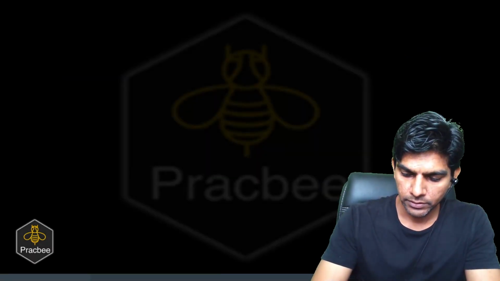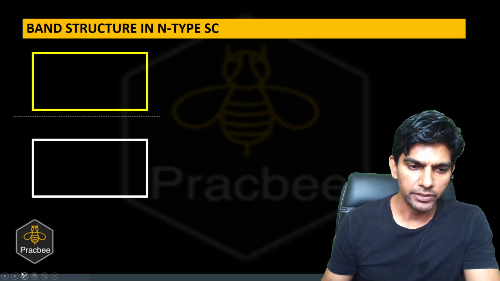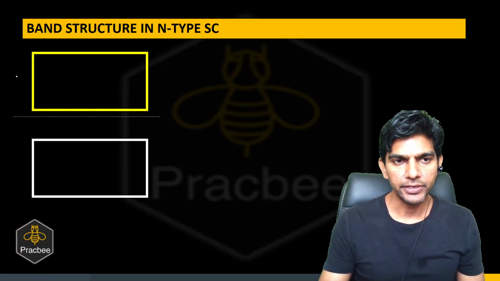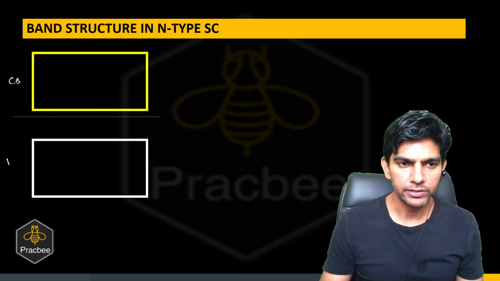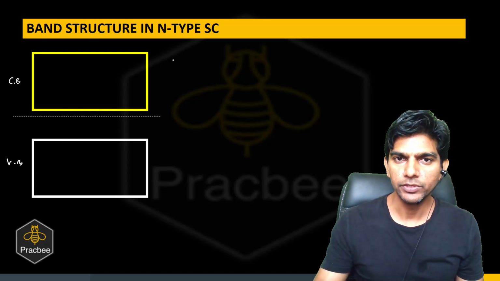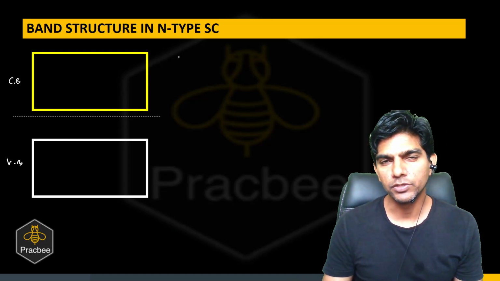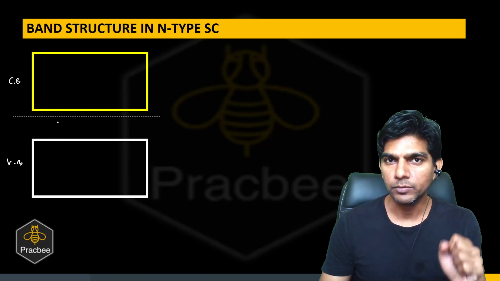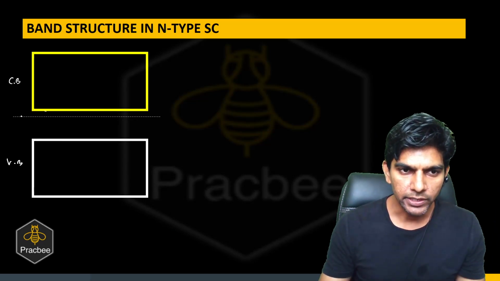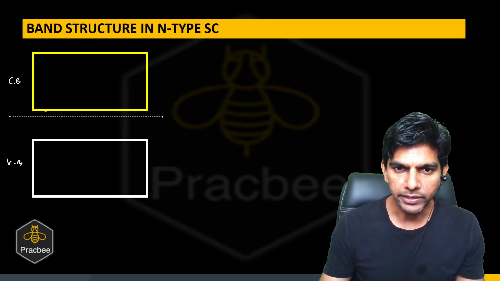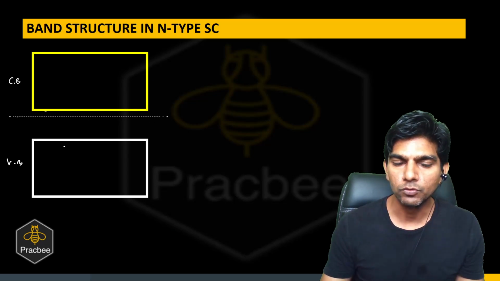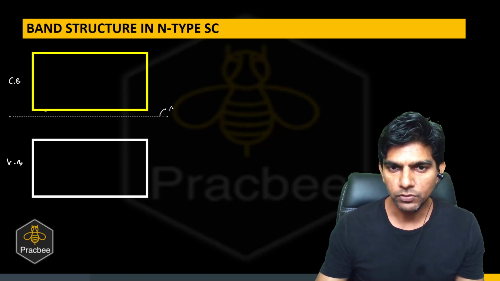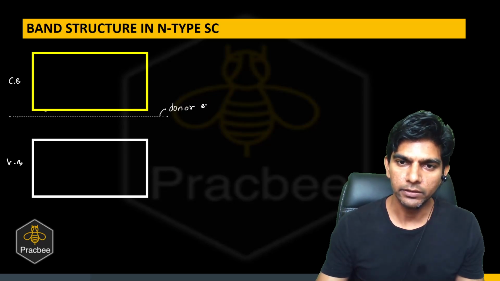Now let us see the band structure in an N-type semiconductor. Here we have the conduction band, and this is the valence band. We know that there are some loosely bound electrons with the phosphorus atom, and they will move to the conduction band with a small amount of energy. Now there will be a new energy level created between these two bands, and this energy level is known as the donor energy level.